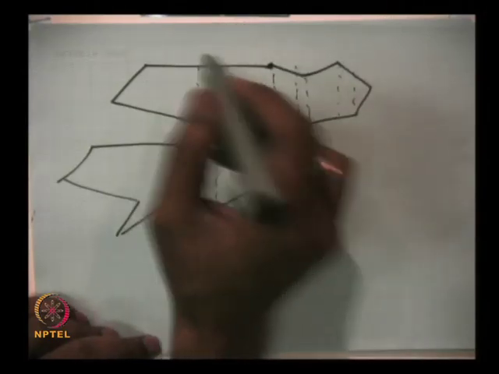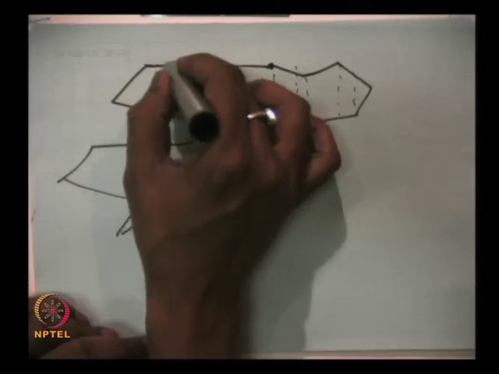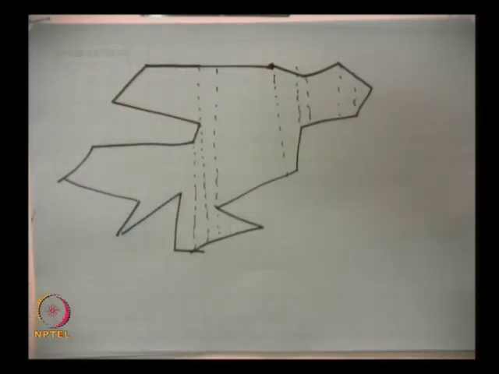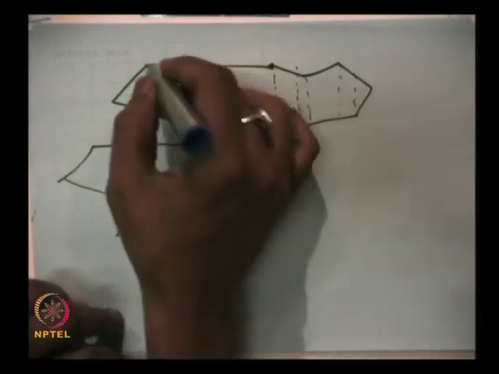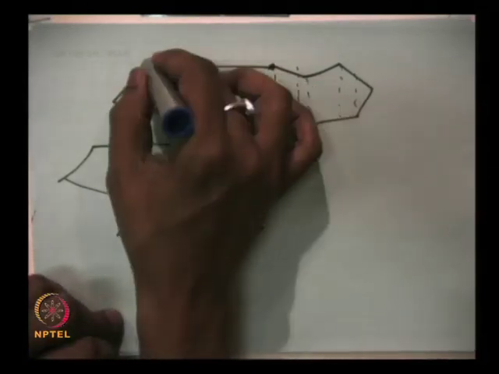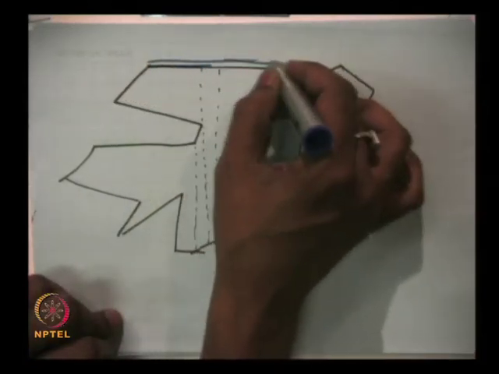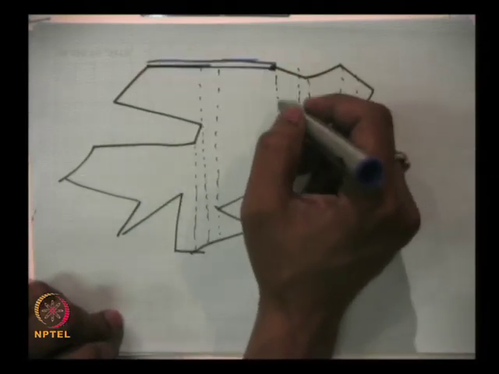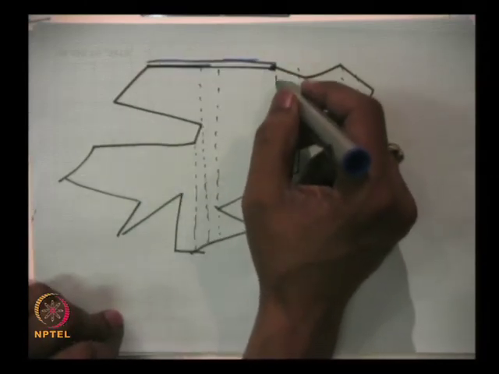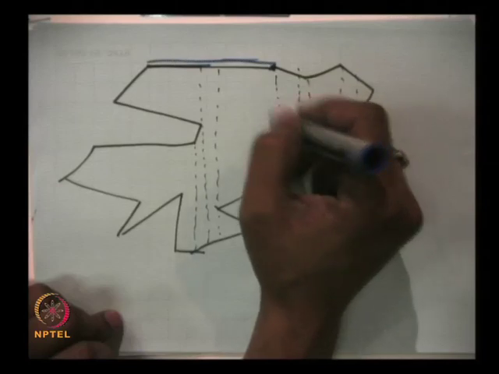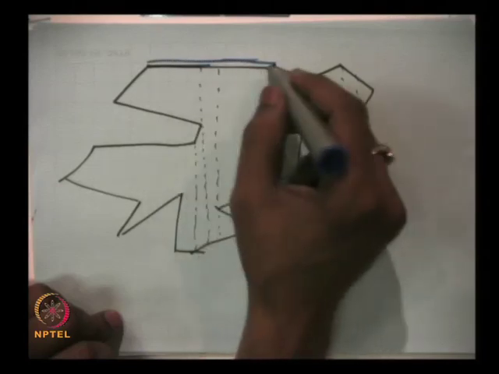Now, look at any edge. Suppose I consider this edge. This is the edge. And look at all the vertical lines that are getting terminated at this edge.